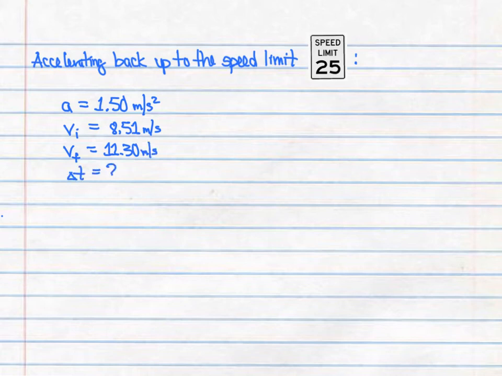When hitting the accelerator, take a look at that given information and see if you can determine the time. Hit pause now. Okay, so if we put in our definition of acceleration here, change in velocity over time, 1.5 meters per second squared will equal our final velocity, which we want to be back up to the speed limit, or 11.3 meters per second, minus the 8.51 meters per second we were down from braking, over the time we want to figure out.